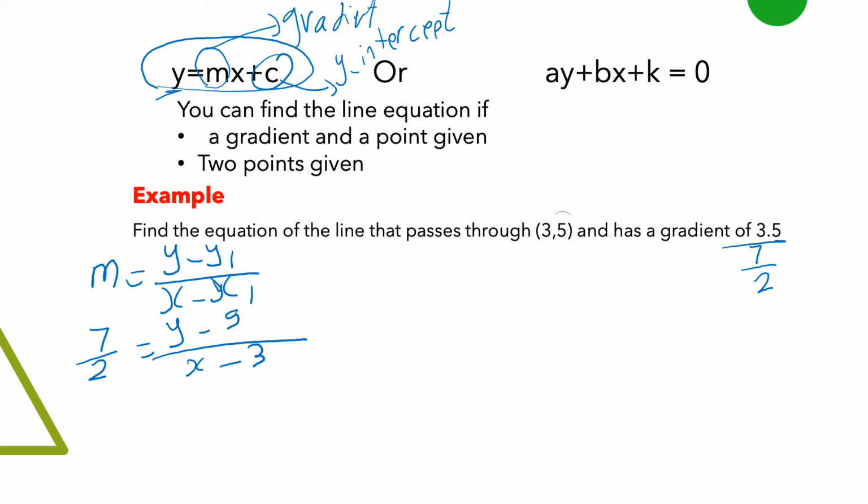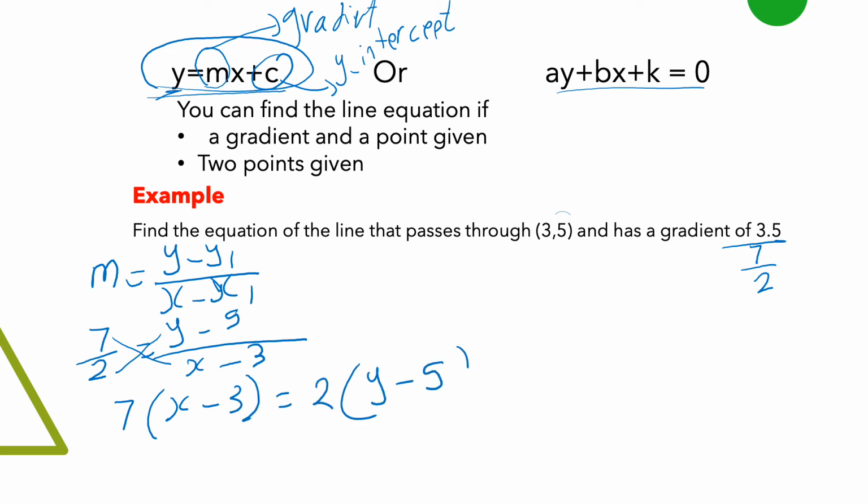We rearrange it to write it in either of the formats. To rearrange, we don't like to work with fractions, so we cross multiply. So we have 7(x - 3) = 2(y - 5). Now expand: 7x - 21 = 2y - 10.